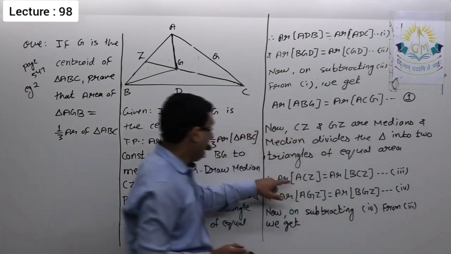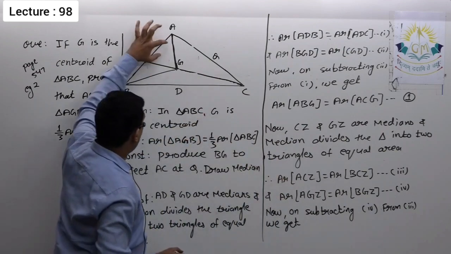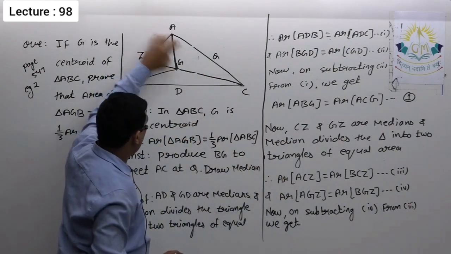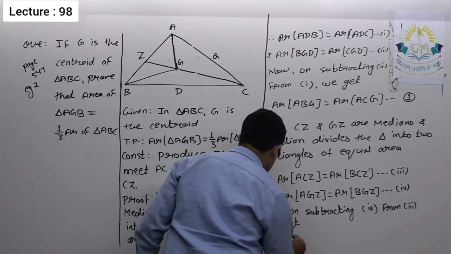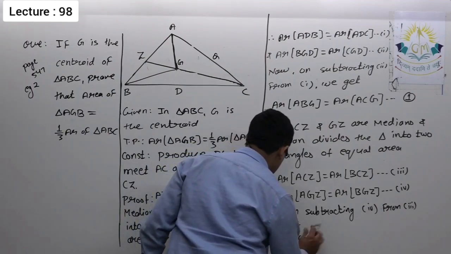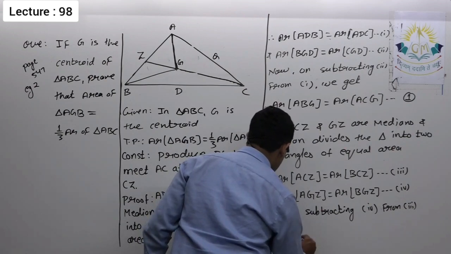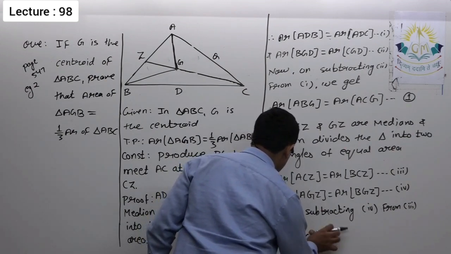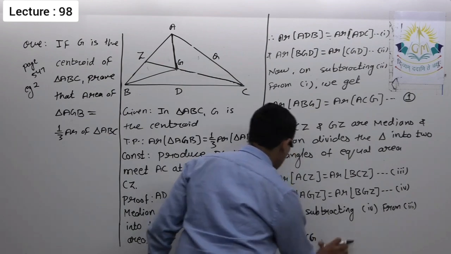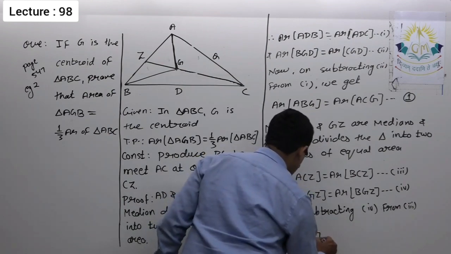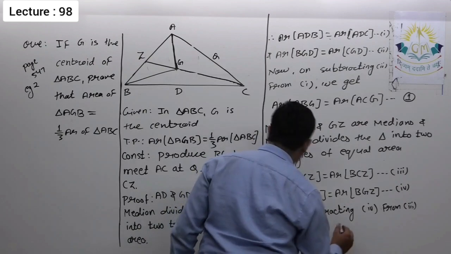See, from ACZ, I am subtracting this AGZ, so I will get area ACG is equal to area BCG.